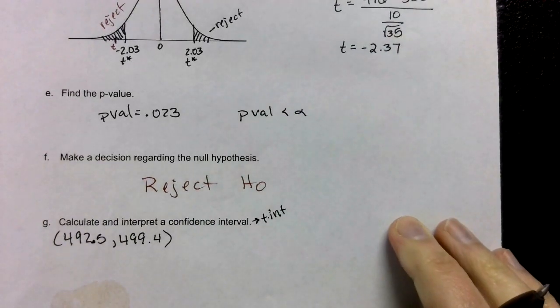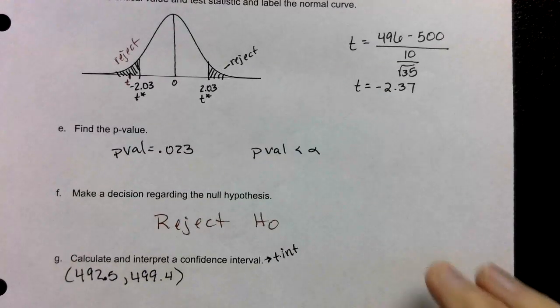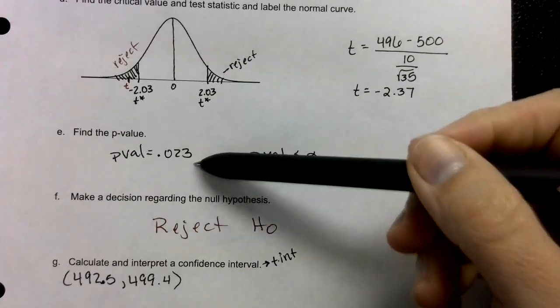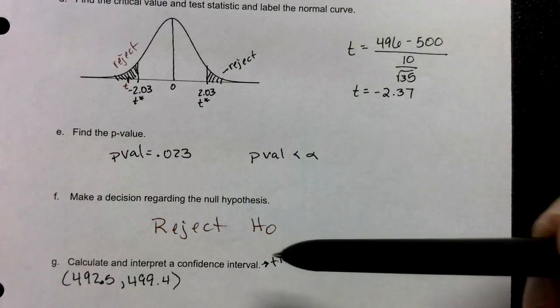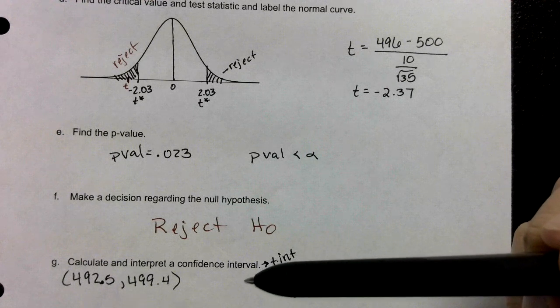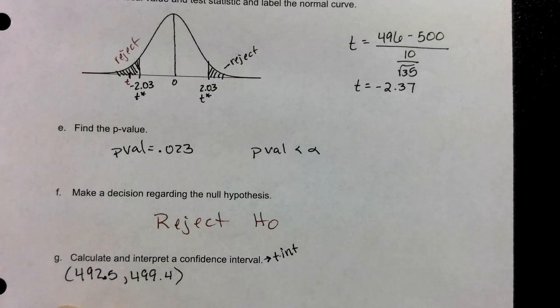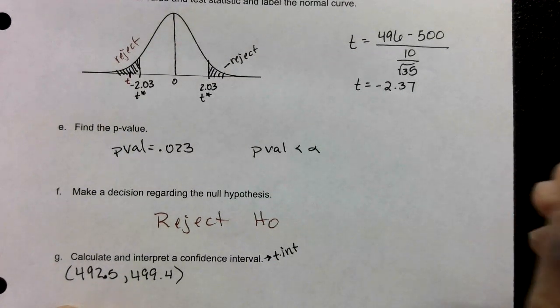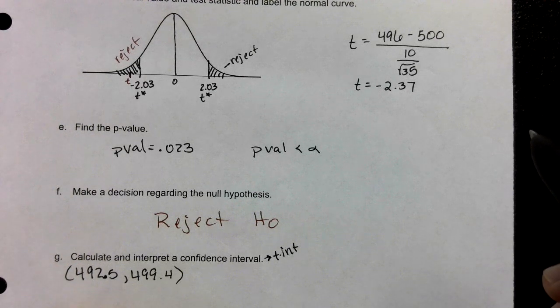Again, we want to point out the fact that all three of these things should support the same decision. We decided to reject it, and the last thing is making sure your confidence interval also supports that. This one could be a little bit tricky.